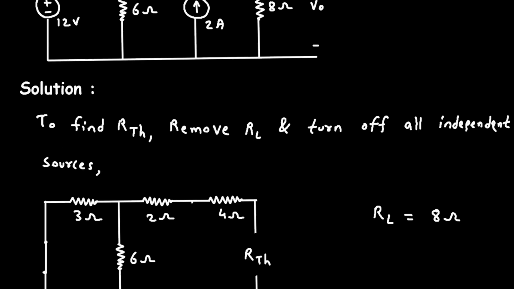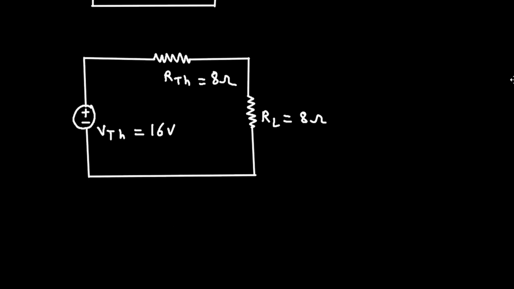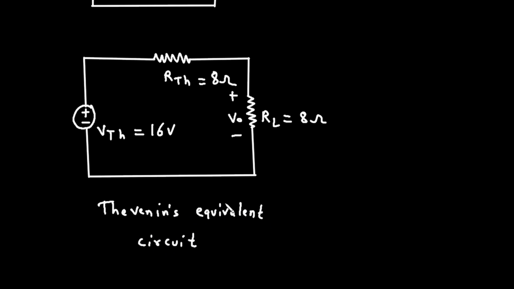Now what we have to find? We have to find voltage across this 8 ohm, which is VO. Now this circuit is called as Thevenin's equivalent circuit.